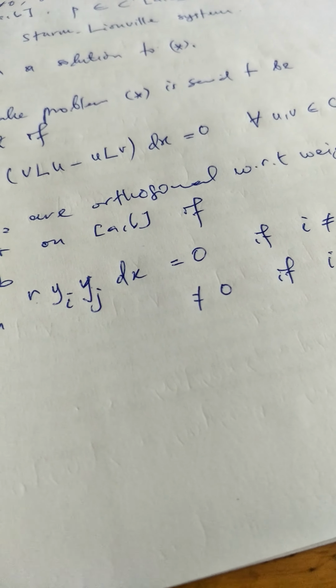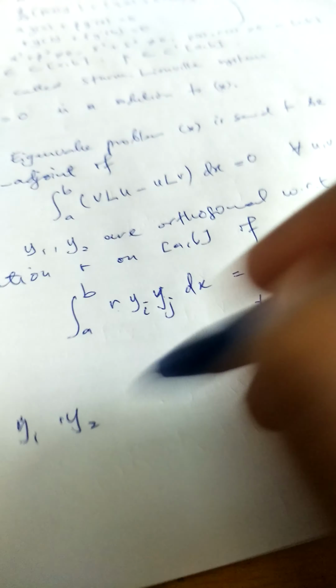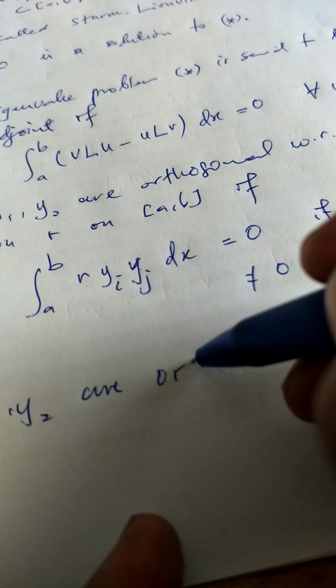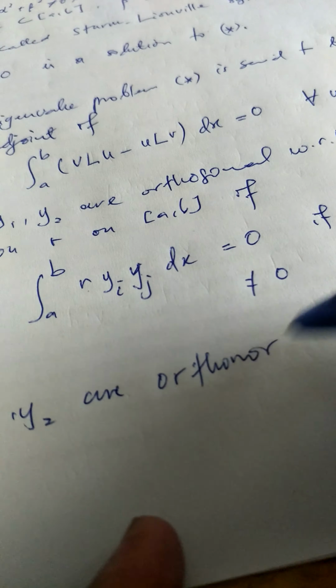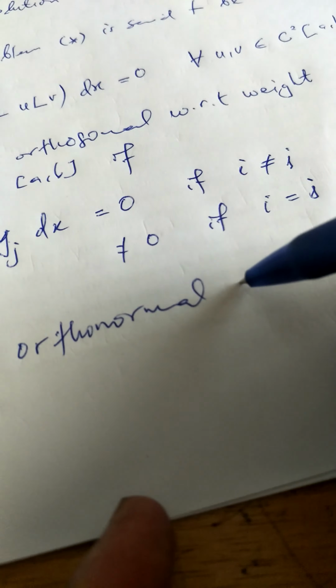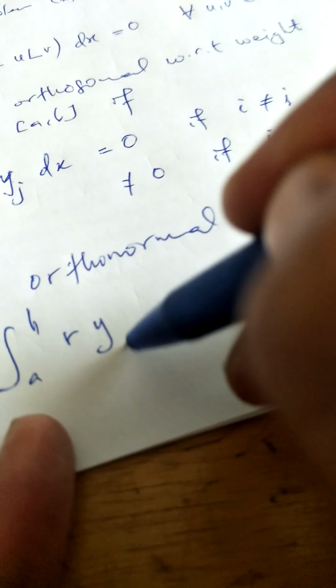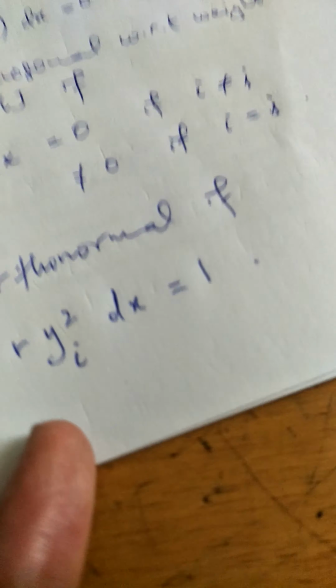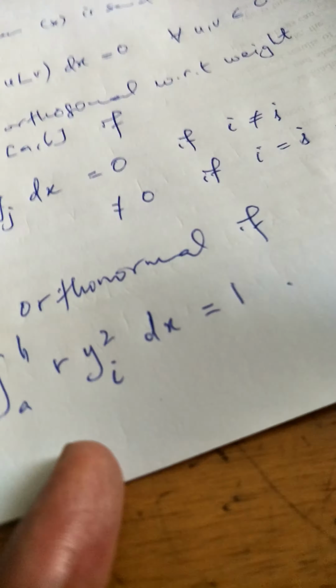So we call it orthonormal if y1, y2 are orthonormal: the integral from a to b of r yi squared dx equals 1. And for this case, I've given an example for that.